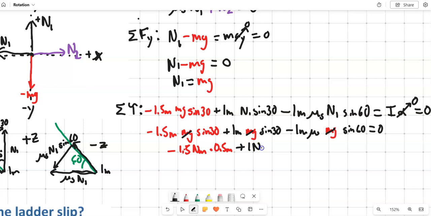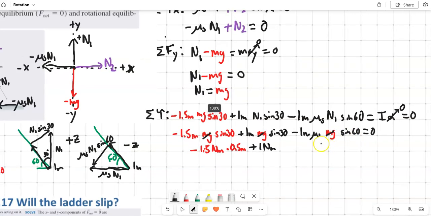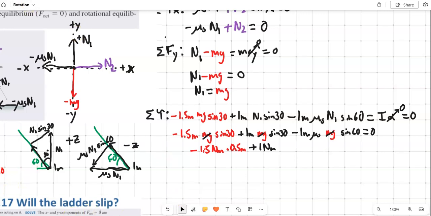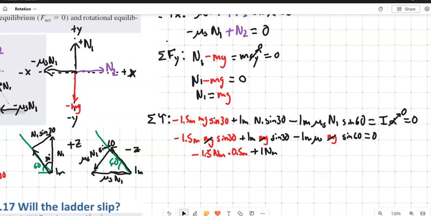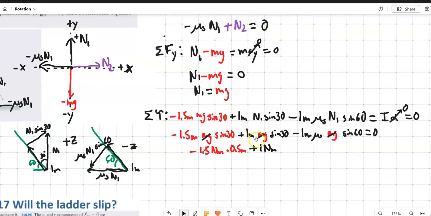So this is going to be 1 Newton meter times 0.5. I suppose I could have eliminated that sine of 30 degrees too. I suppose I could have eliminated some more things, but we're just going to continue on with this.